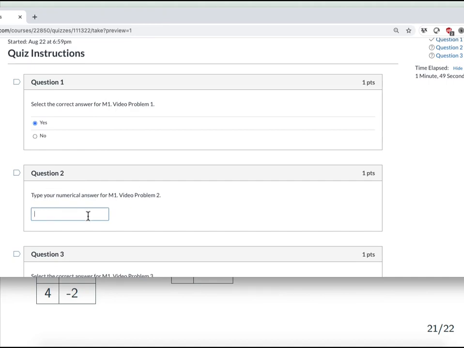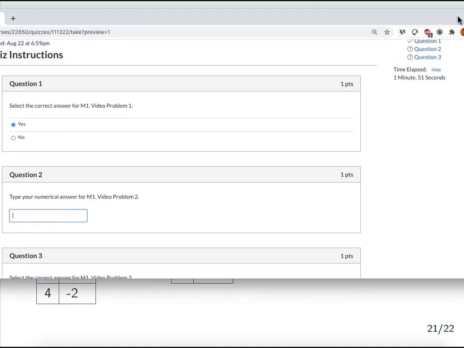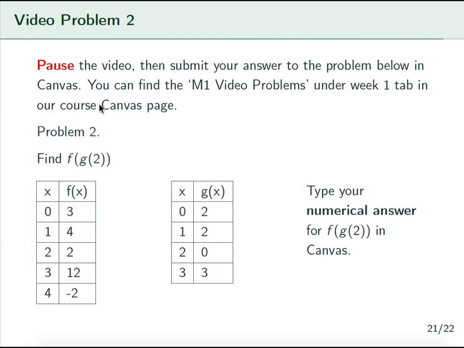You can only type the answer. So take as much time as you need, pause the video, and evaluate f of g of 2. Using these two functions given in the table, type your numerical answer to f of g of 2. And when you're done, you can unpause the video and finish the rest of the video.